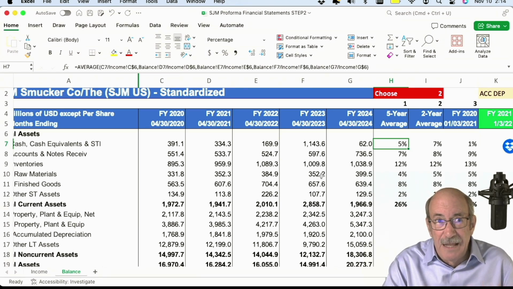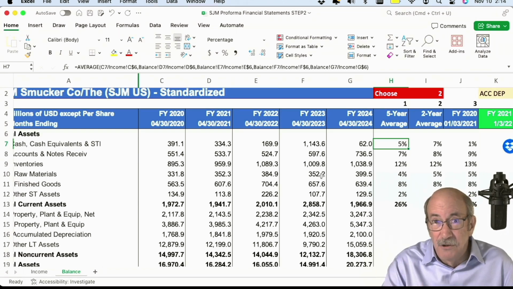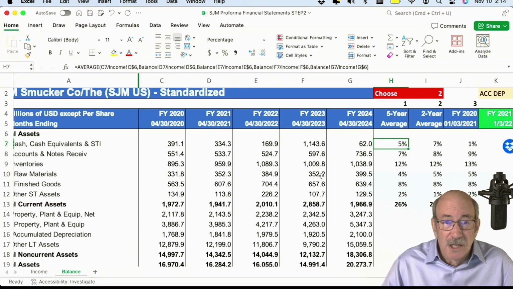A standardized balance sheet is as a percent of total assets. Here, we're doing something a little different. So if you downloaded the standardized balance sheet from Bloomberg, those aren't the percentages we want. The percentages we want are the percent of revenue. So these are all calculated as a percent of revenue.